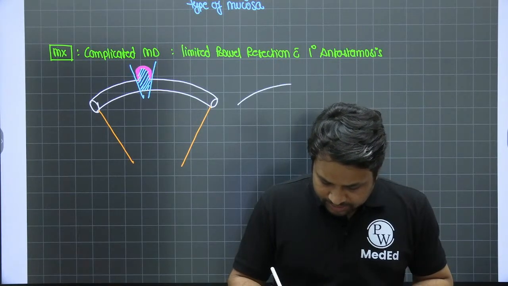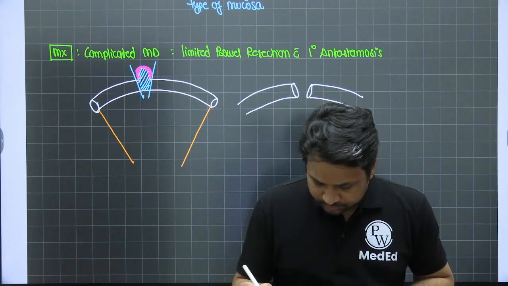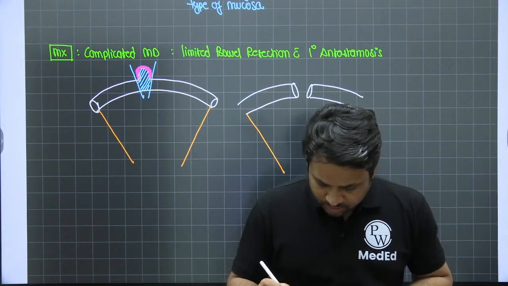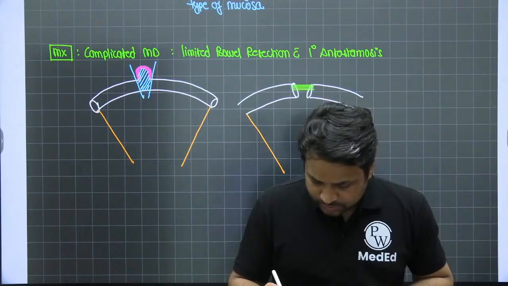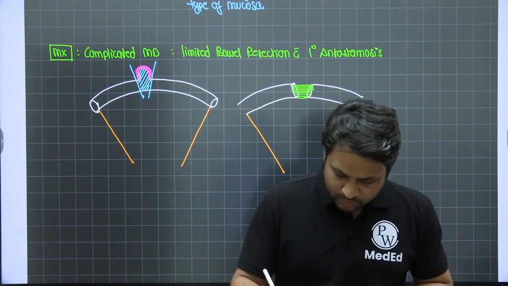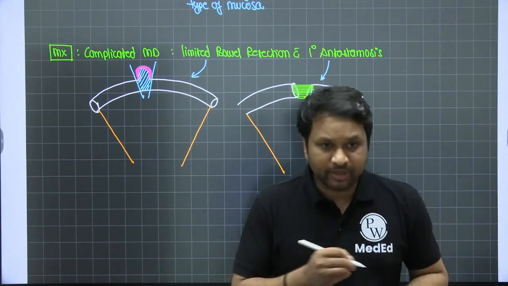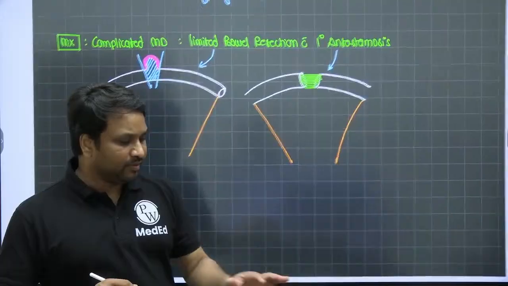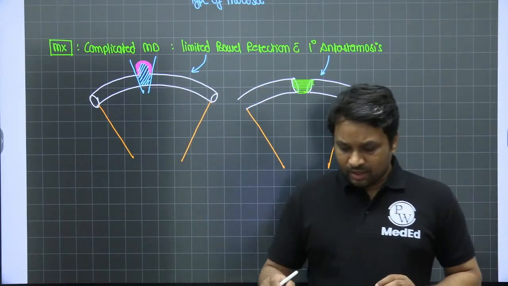I'll be left with this end of the bowel, and then I will anastomose. This is what we call the limited bowel resection with primary anastomosis, right?